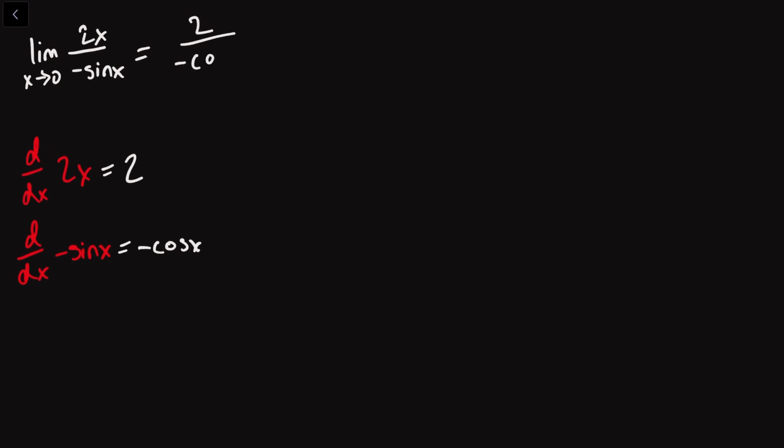Put that in here. Then we plug in 0. So 2 over negative cosine of 0. Cosine of 0 is 1, so negative 1. So 2 over negative 1, which is equal to negative 2.